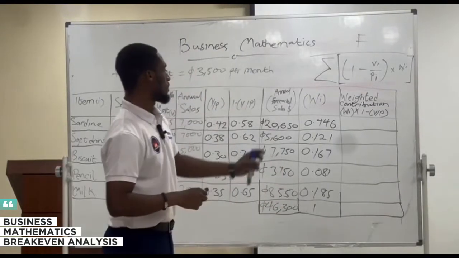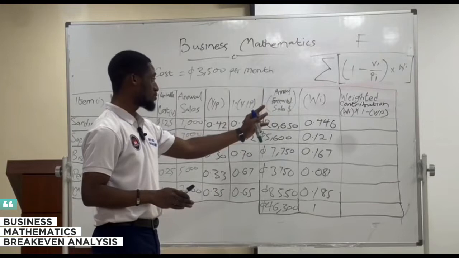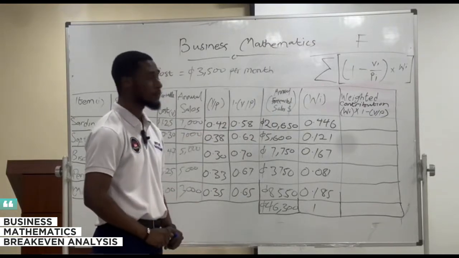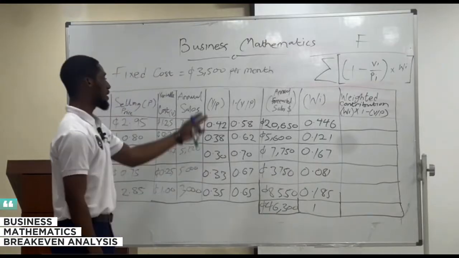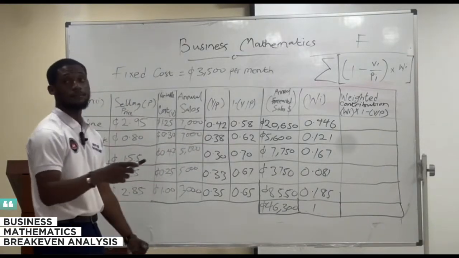So this is how we will go ahead to find our weighted contribution. We multiply this by this, that is the 1 minus bracket V divided by P.